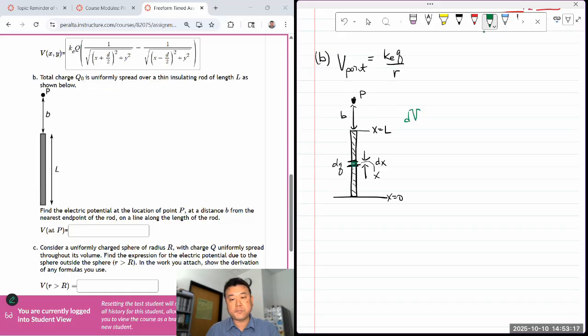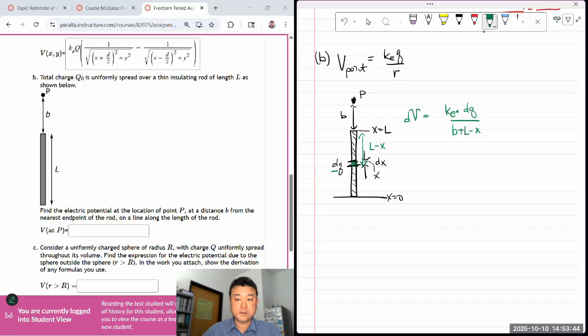I can treat it like a point charge, so it's going to be constant k times the infinitesimal amount of charge dq divided by the distance. So I look at the geometry and figure out, this must be b plus this bit, which is L minus x. So divided by b plus L minus x.